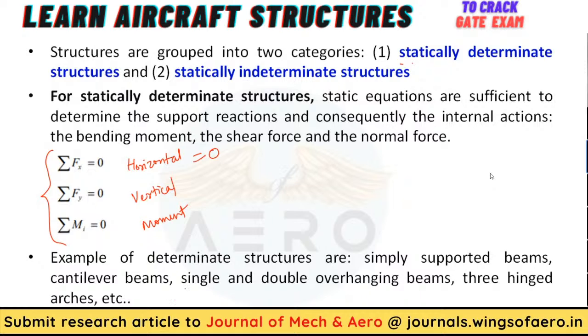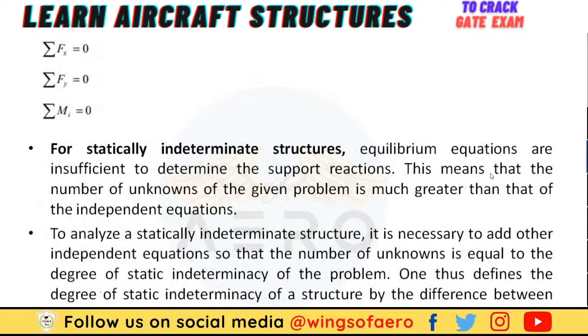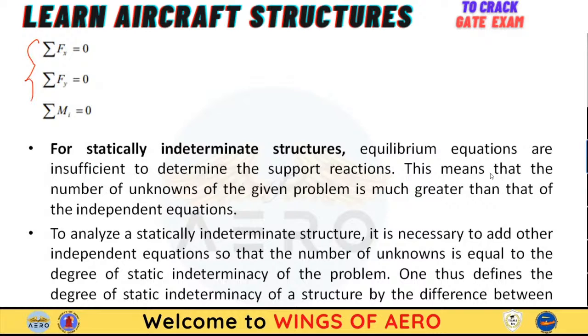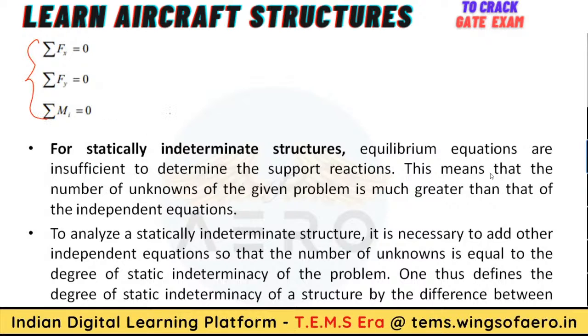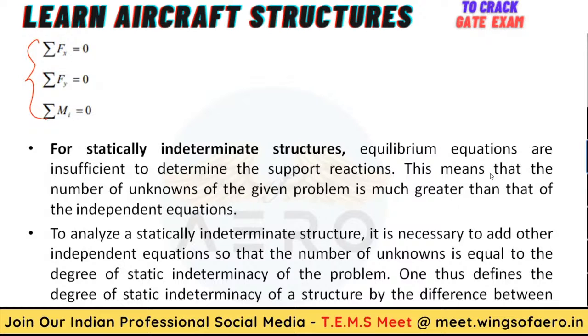What defines a statically indeterminate structure? A statically indeterminate structure is one where, using these three equations, we are unable to find the number of support reactions. I have already discussed what is meant by support reactions.